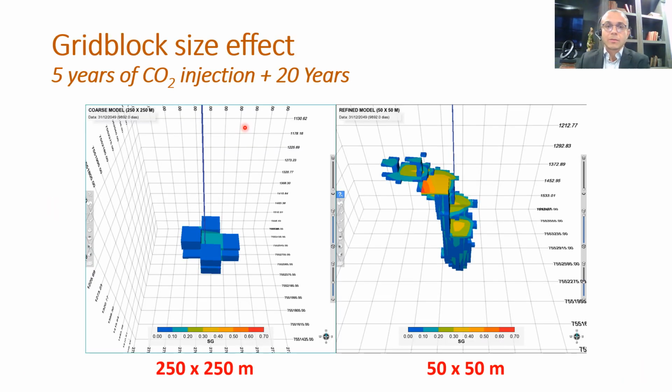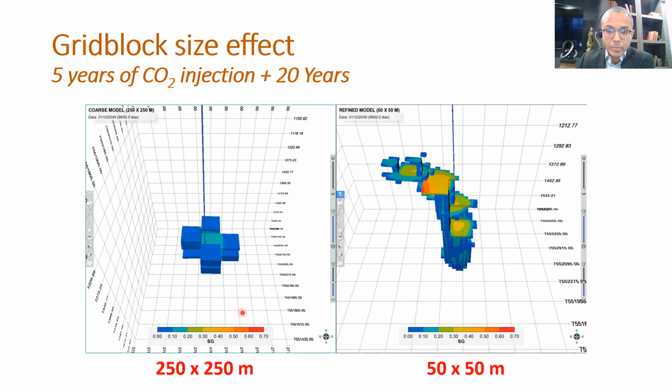As a motivation, let's look at how coarse grid scales are not suitable for CO2 injection because they cannot accurately represent the CO2 plume, as I show in this graph below. This graph on the left side has a mesh with grid blocks of 250 meters by 250 meters horizontally.